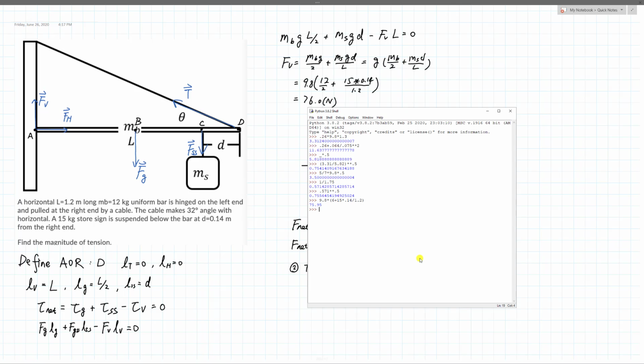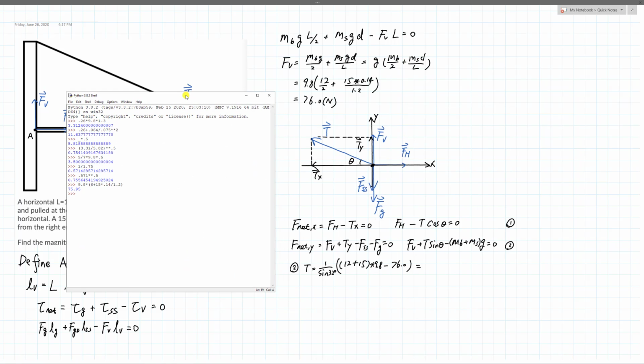Okay, so let's use Python. I don't think I loaded that module, so let me just run this. Okay, so now I have the sine function loaded, also in degrees, so that's convenient.